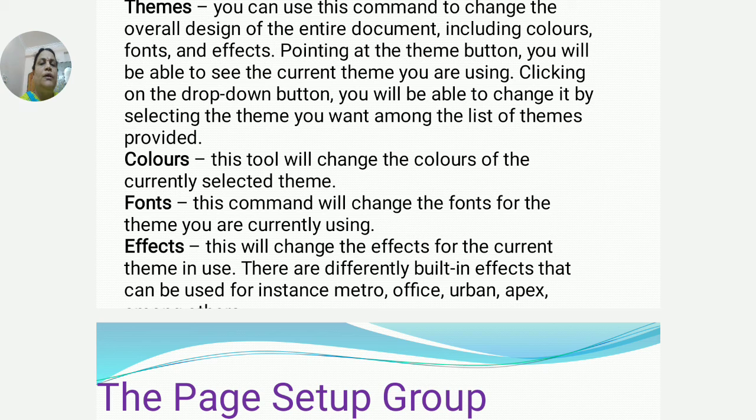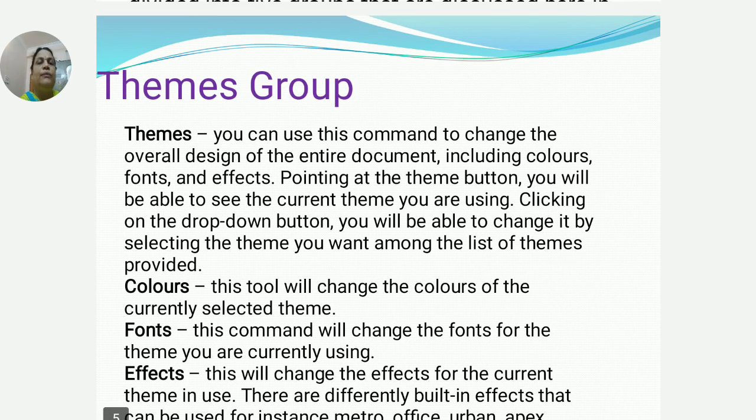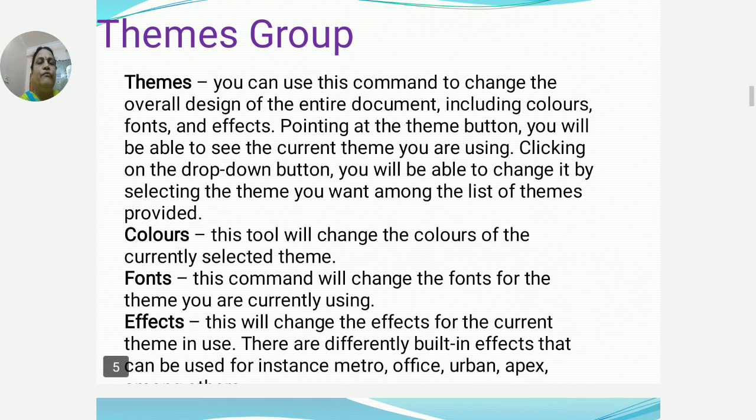For example, you can change to Office, and this Effects command is mostly used with Metro, Instant Metro, Office, Urban, Apex and all these things. So this is about the Themes group, the first group of the Page Layout tab. Under the Themes group we have seen the commands Themes, Colors, Fonts, Effects and their functions.